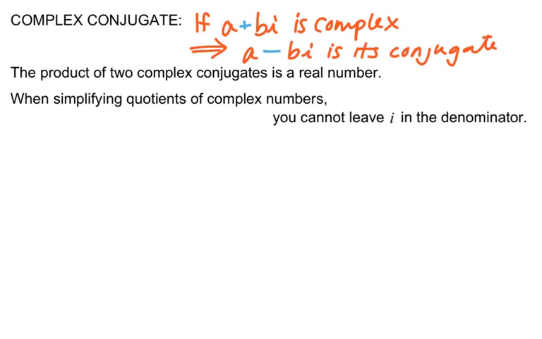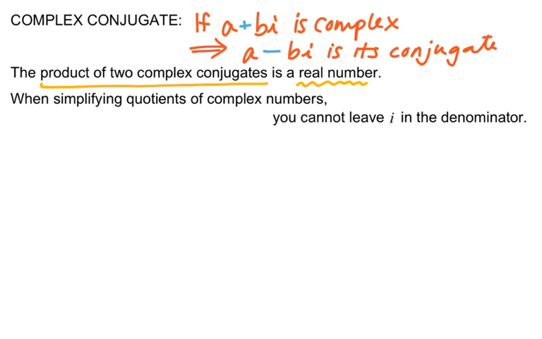So we were multiplying two conjugates where only the sign in between the real and the imaginary portion of that complex number was different. And what we are going to state is that the product of two complex conjugates is going to be a real number.